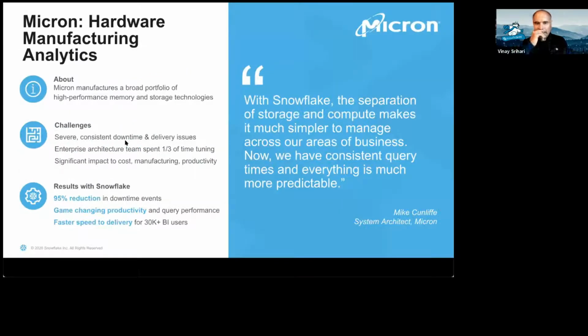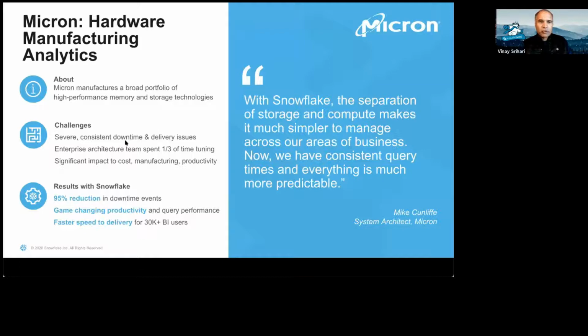Micron, and I love this example, is of course one of the largest chip makers in the world: DRAM, flash memory. They service customers across the spectrum: networking, storage, consumer electronics, computers, mobile telecom, printers, you name it. And they generate about 90% of their sales outside the US, so they're truly a global manufacturing company.